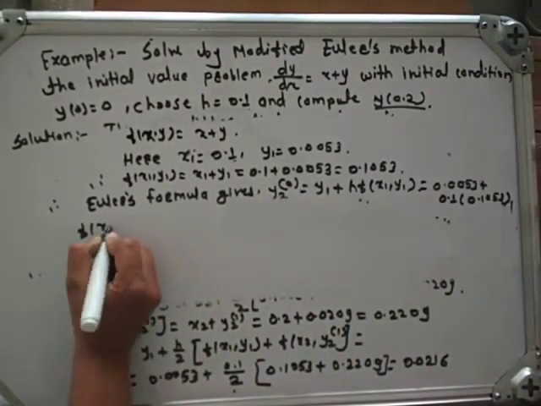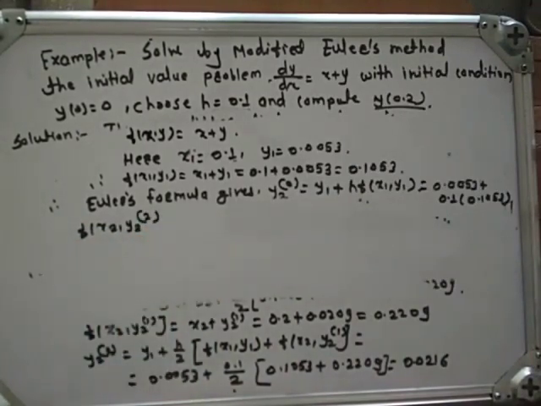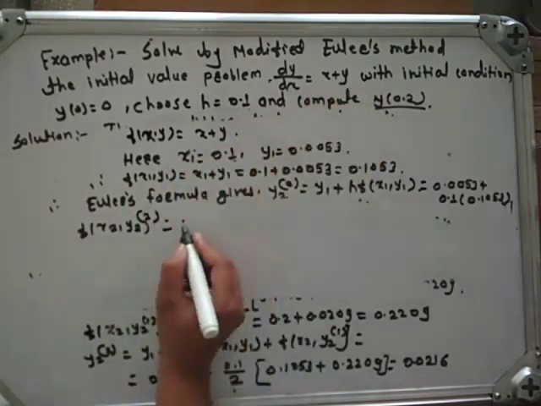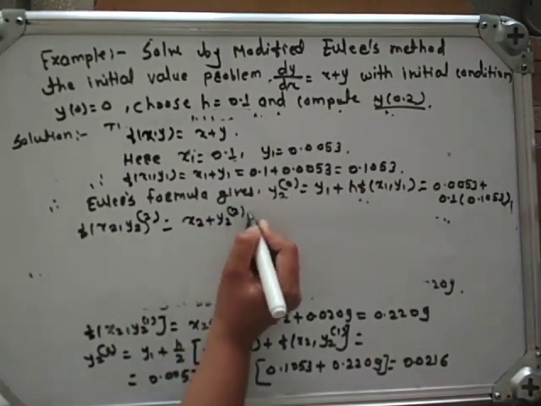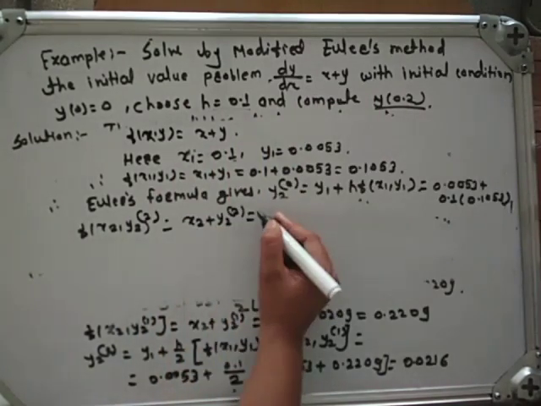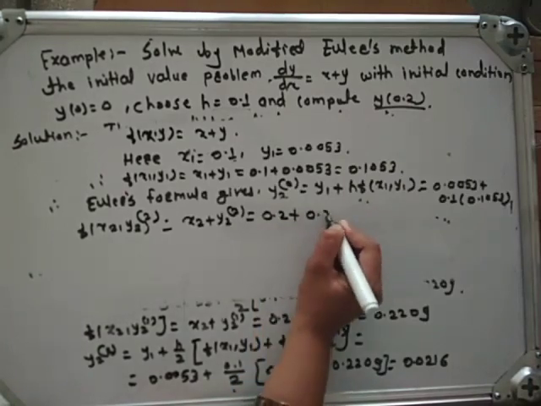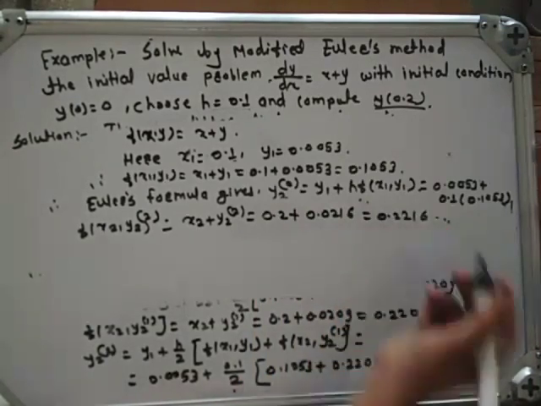Now find f of x2, y2 2. Your f of xy is x plus y, so it is x2 plus y2 2. The value of x2 is 0.2 plus y2 2 is 0.0216, which is equal to 0.2216.